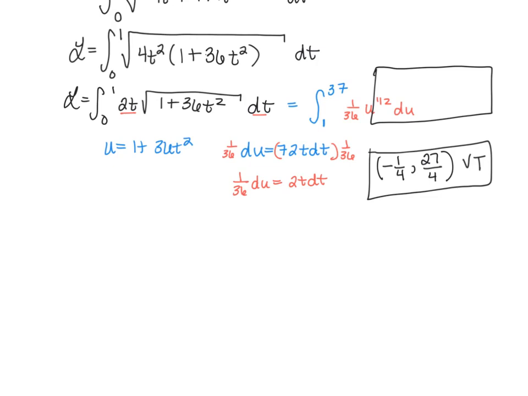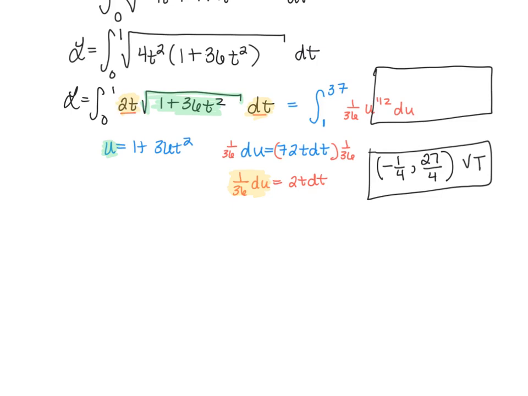Just so everyone can make sure we've put all this together, this 2t dt here is being replaced with 1 over 36 du. The square root of 1 plus 36t squared is being replaced with u raised to the 1/2.